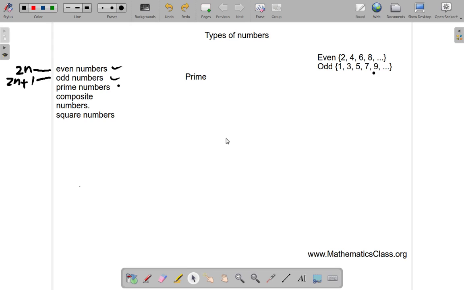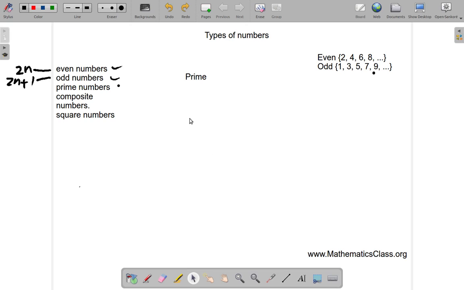You can divide it by 1 and you get itself, right? Any number you divide by 1, you get back the same number as the answer. You divide a number by itself, you get back 1 as the answer. But if you try to divide it by any other number, you will not get an integer. You will get a fraction, a decimal, right?